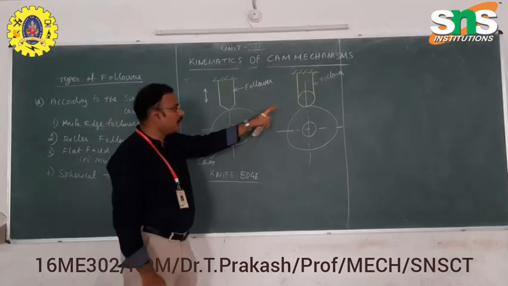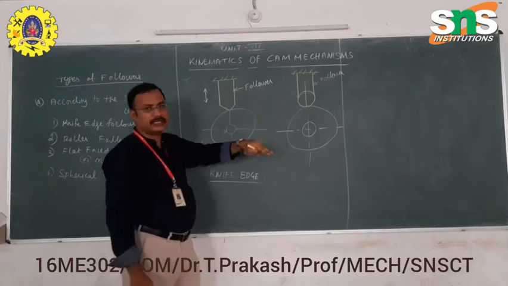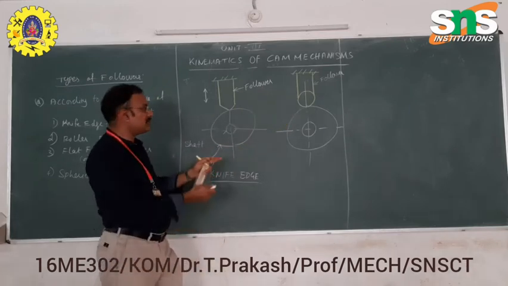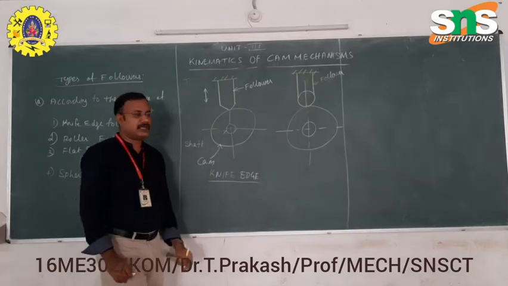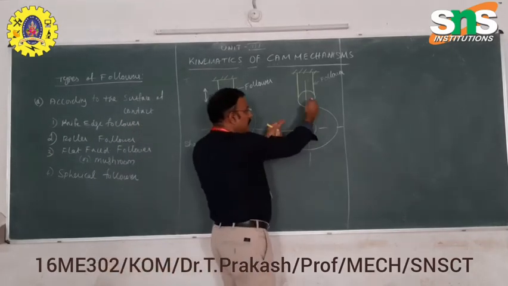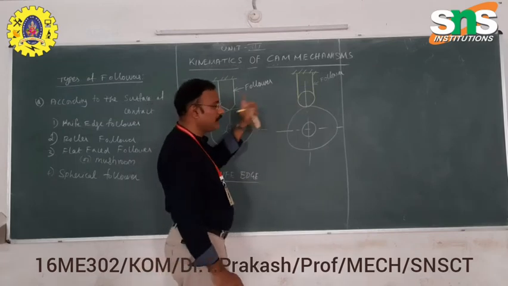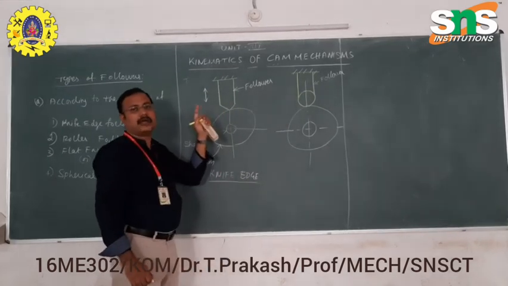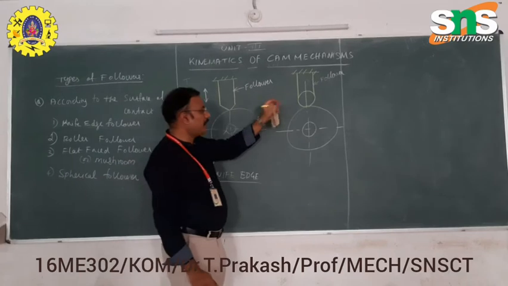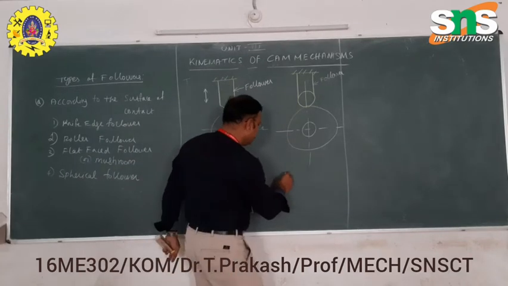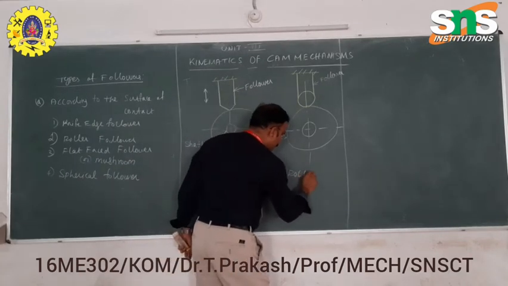It also has less thrust compared to the knife edge follower, and on the sides of the cam it has very less thrust. Also, we can use this roller follower in IC engines. In all the automobiles, this type of roller follower is mostly used.